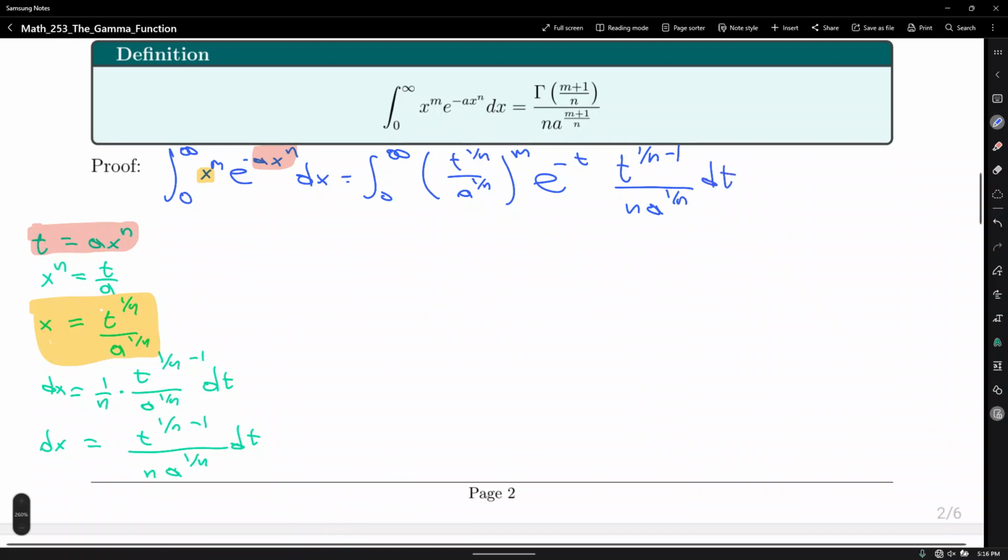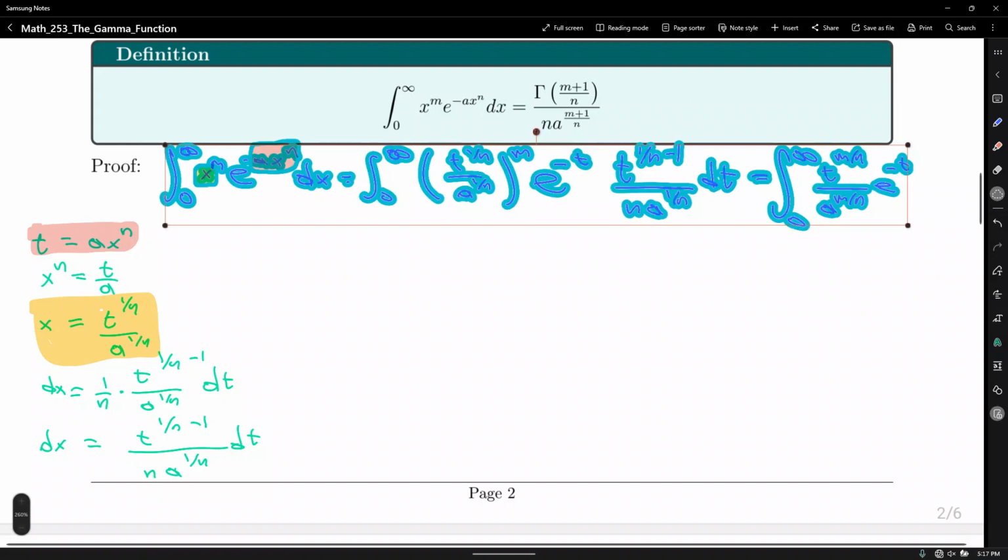Well, let's do some simplifications. Do you agree this is the integral from 0 to infinity of t to the m over n over a to the m over n, e to the negative t, and maybe I should make more room over here.